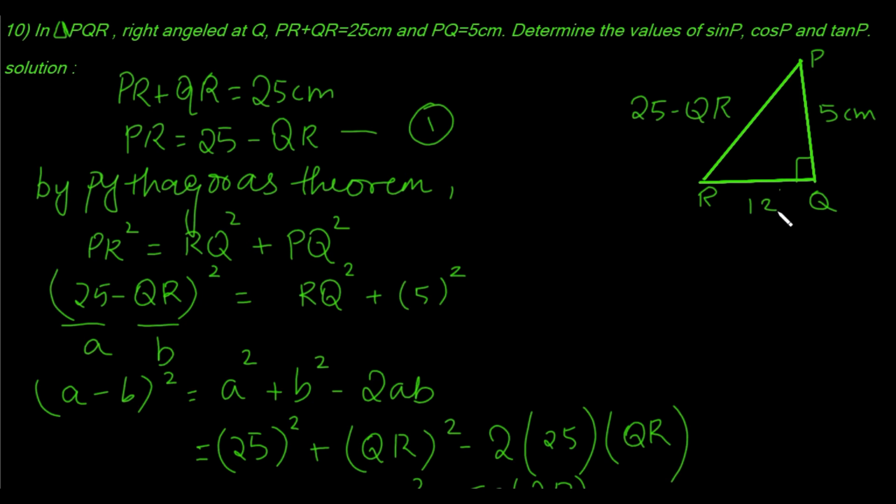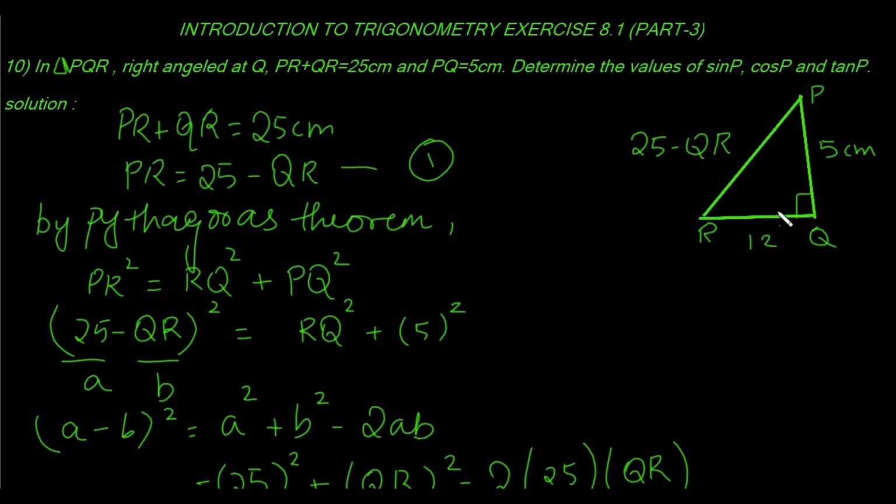And now as we took our first equation, that is PR is equal to 25 minus QR, let's just enter the value of QR in this first equation.